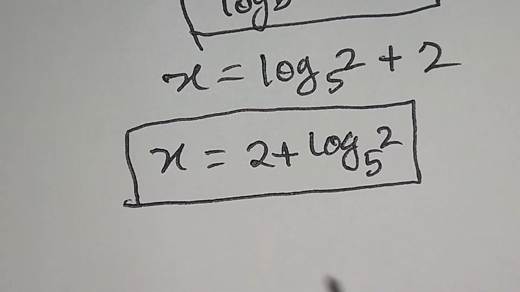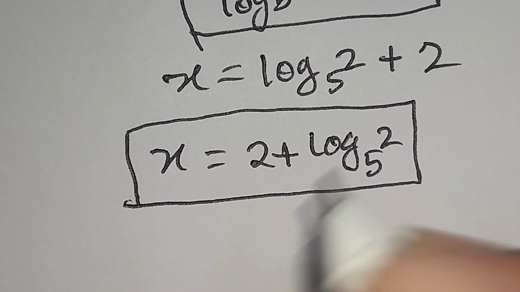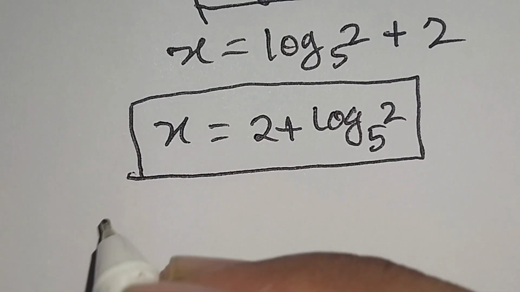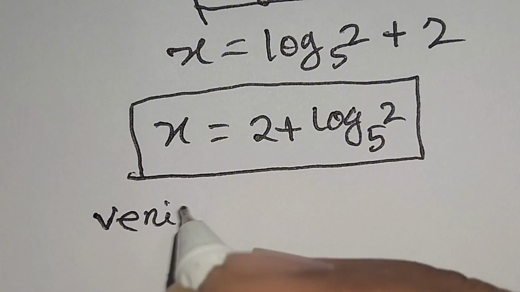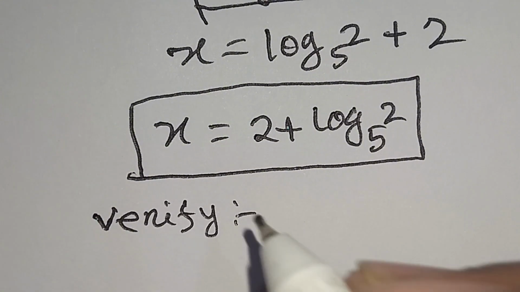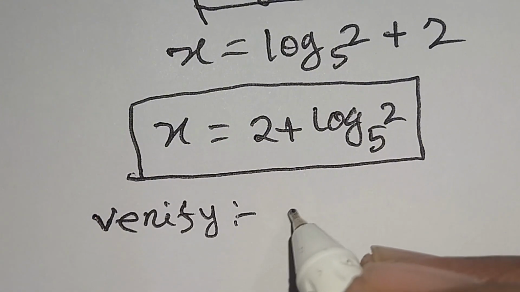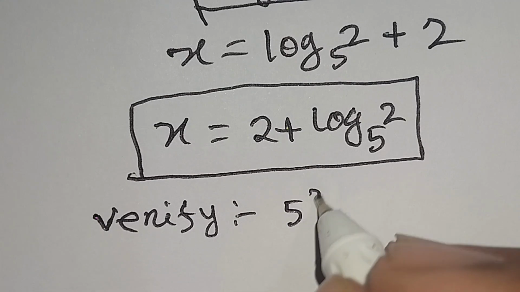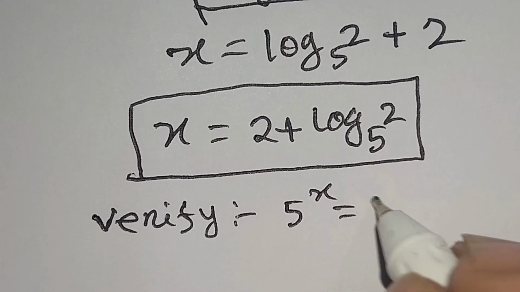Now we will verify whether this value is correct or not. So let's verify. Our main equation is 5 to the power x is equal to 50.